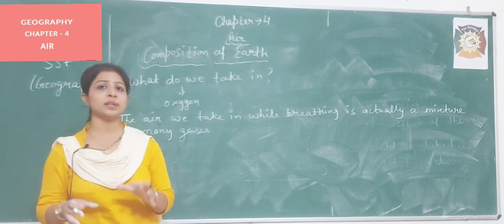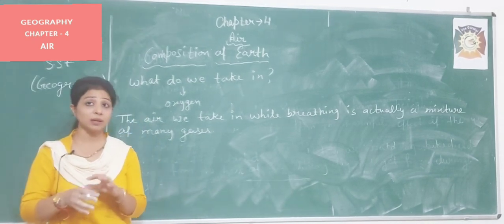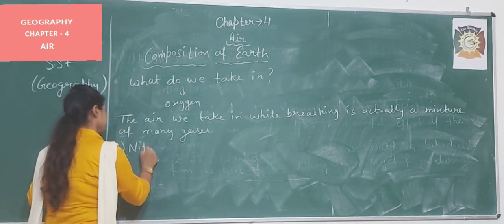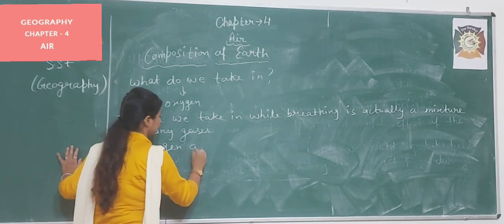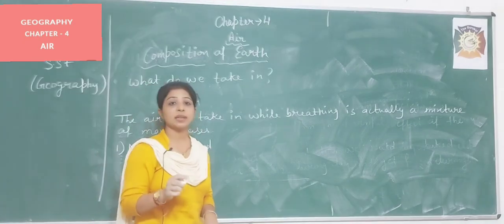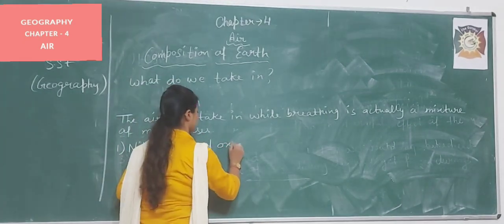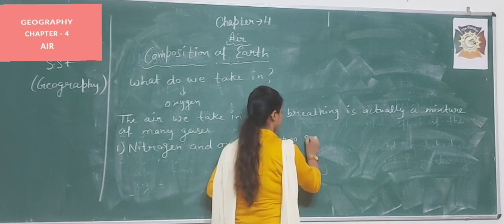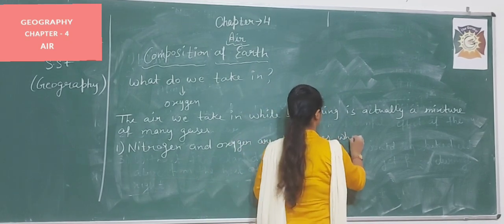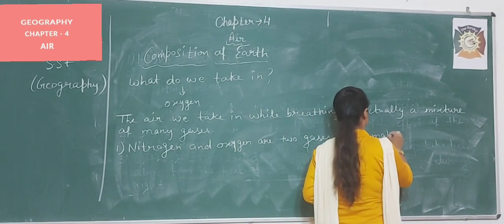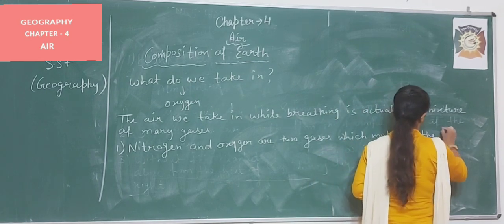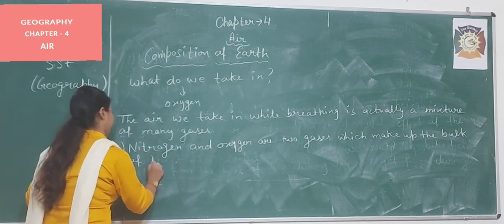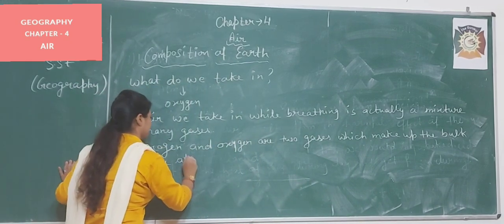We can say nitrogen and oxygen are two gases which make up the bulk of the atmosphere. Writing here, nitrogen and oxygen, remember this, are two gases which make up the bulk of the atmosphere.